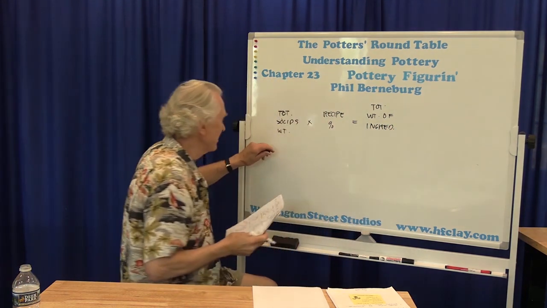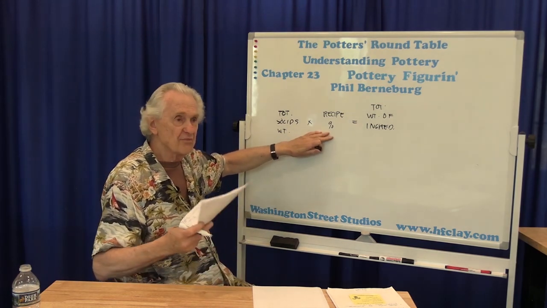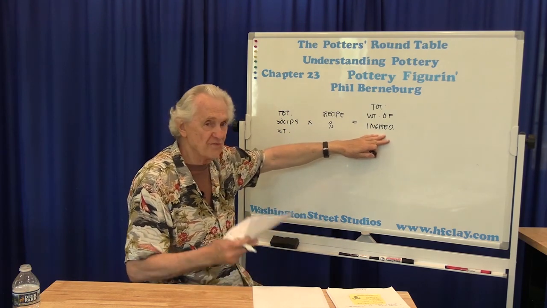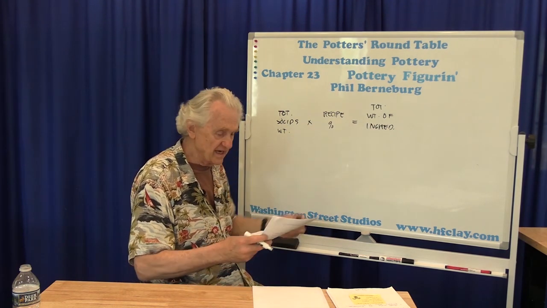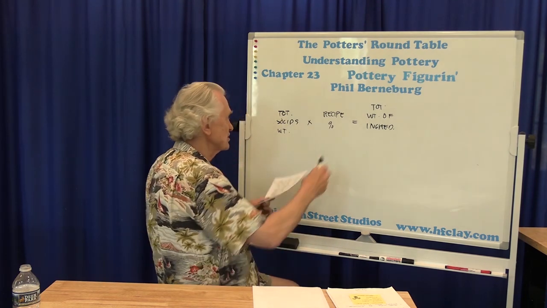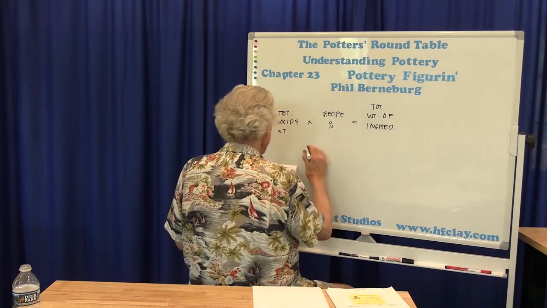Because if I know the total weight of all the powder in the glaze, and I know the percent that the recipe said was in the glaze, this tells me now how much of that one particular ingredient I now have. And so if I make an addition, and I want to find out now what's the new percentage, this is what the formula would be.